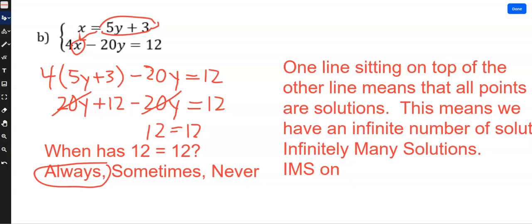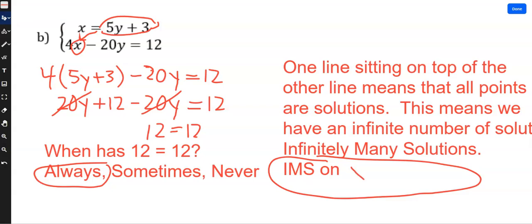What do you mean, Mr. Stailey? You actually have to give the name of the line. It's not just any random infinite points out there. There's lots of points that are not solutions to these. But if you say infinitely many solutions on x equals 5y plus 3, that's a good answer.